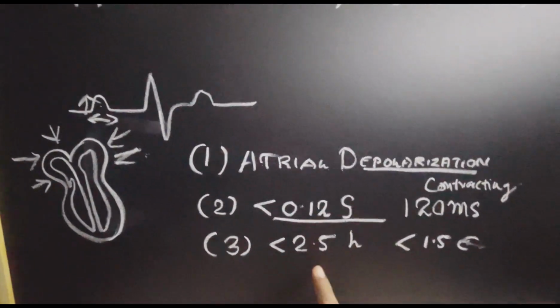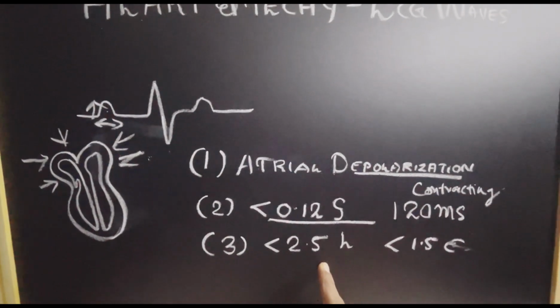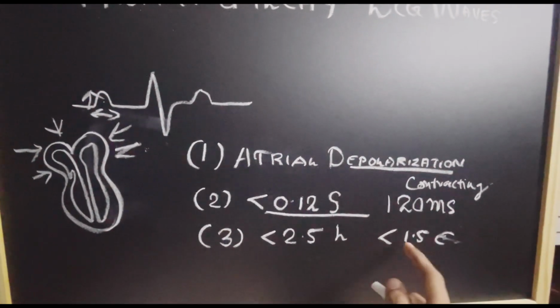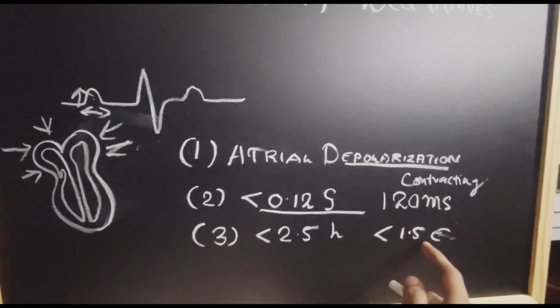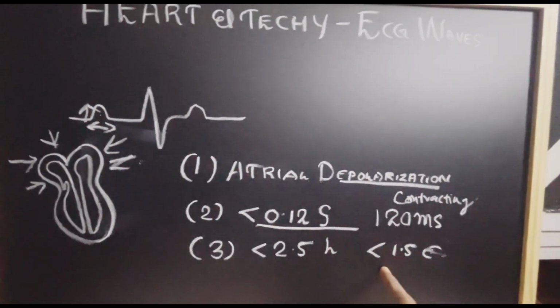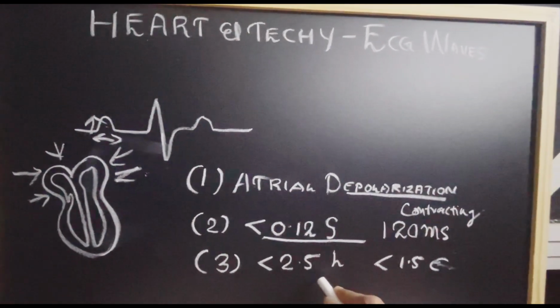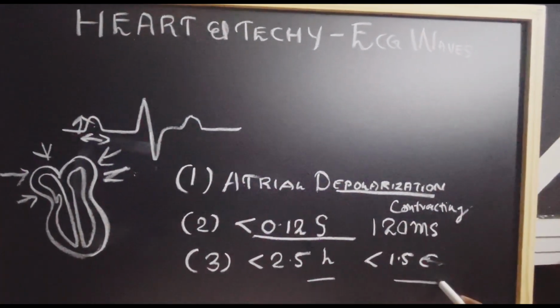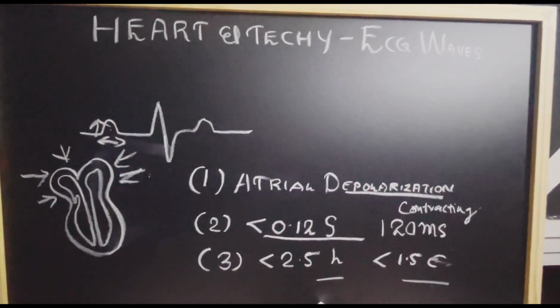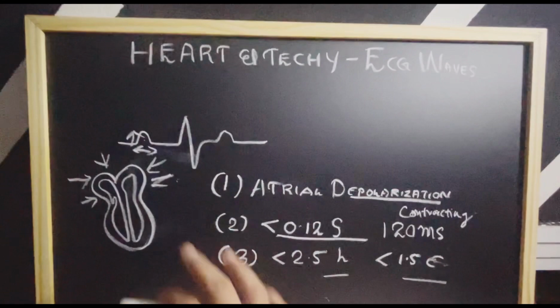The amplitude of the P wave will be less than 2.5 in the limb leads and less than 1.5 in the chest leads. Why we tell the limb and chest leads separately, I'll explain now. First of all, I'm just revising.